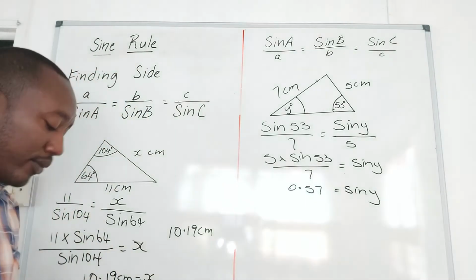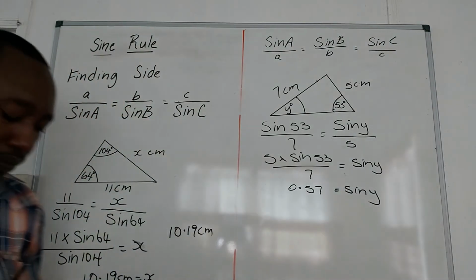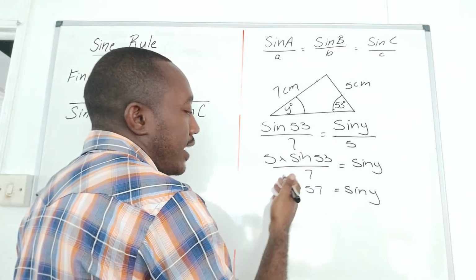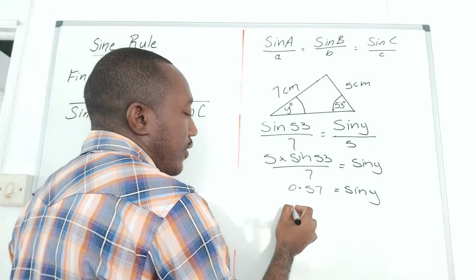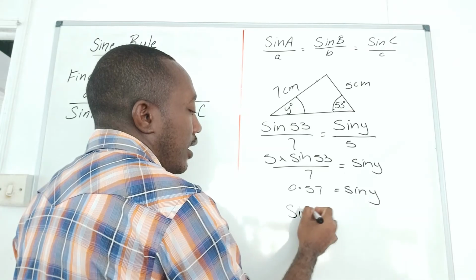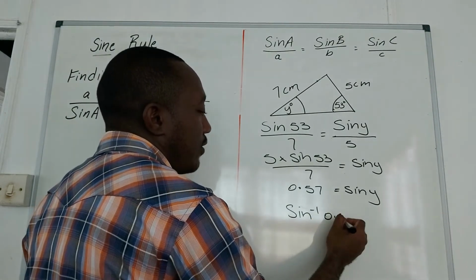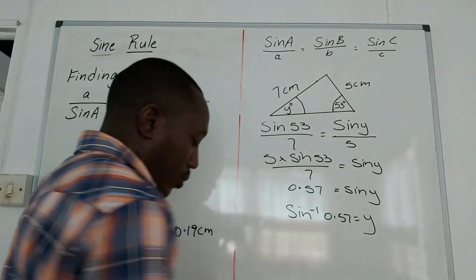Alright, now to find y, we now have to find the sine inverse of that answer. Sine inverse of 0.57 is equal to y.